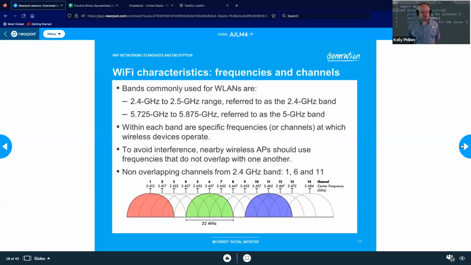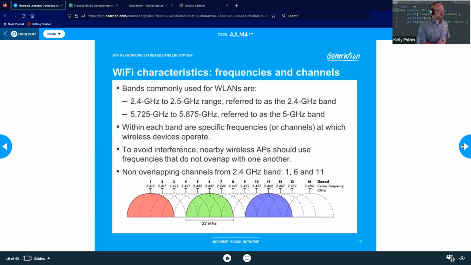Picture at the bottom look familiar? Coursera. Fun lab with overlapping channels, all that kind of fun stuff. For the most part, Wi-Fi comes in 2 frequencies, now 3.